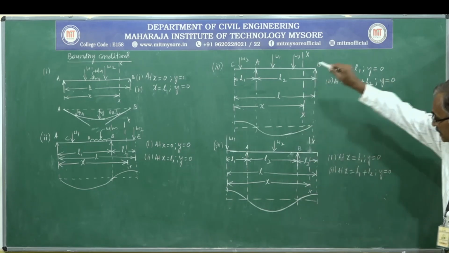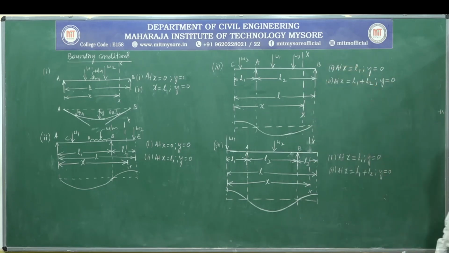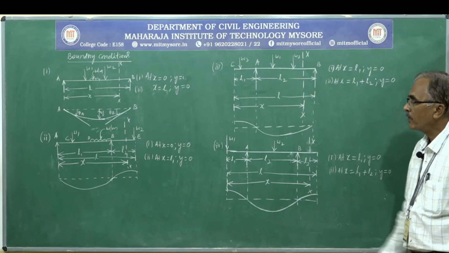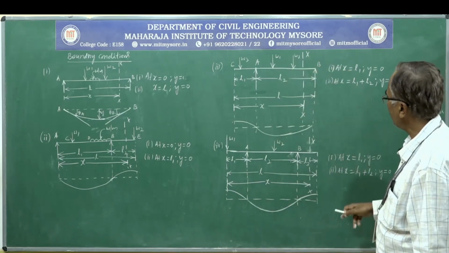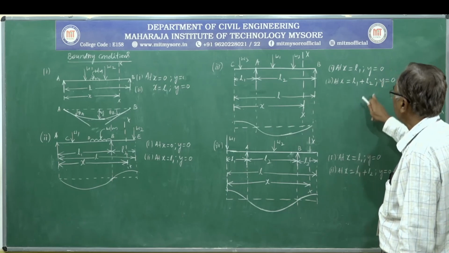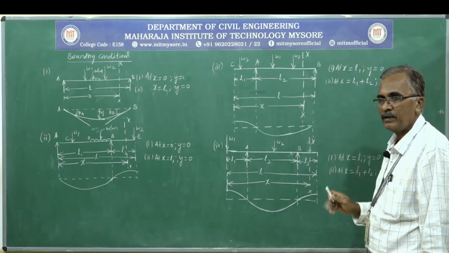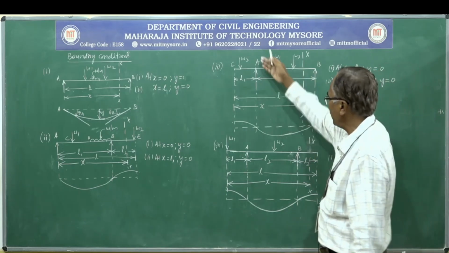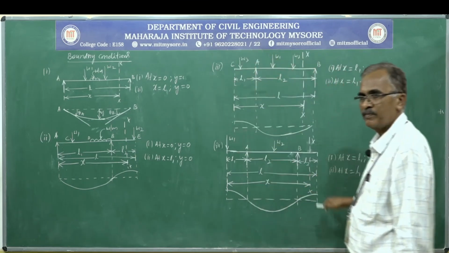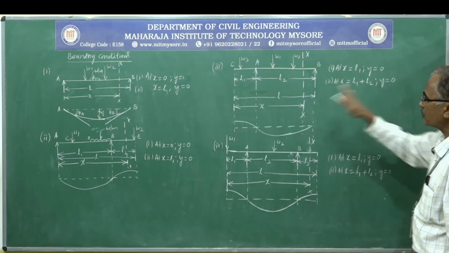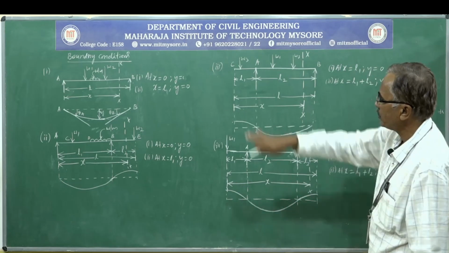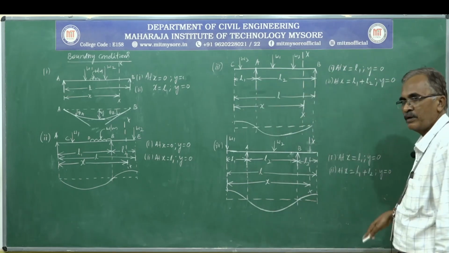So this is the combination of load which we come across. For this combination of loads, we can write the boundary conditions for any span length and magnitude of load. So this is the worst combination, all these four combinations which we come across.